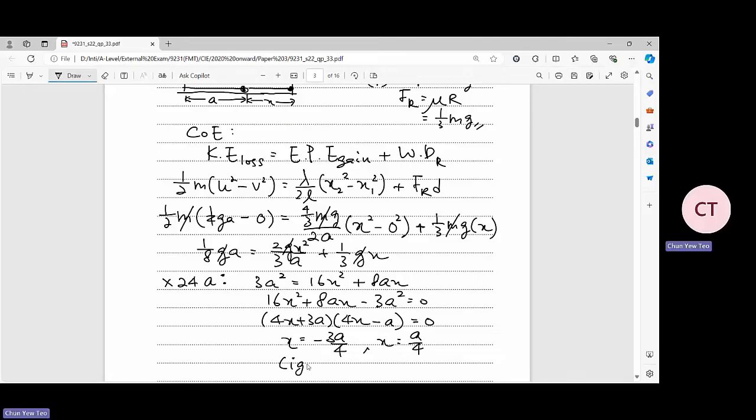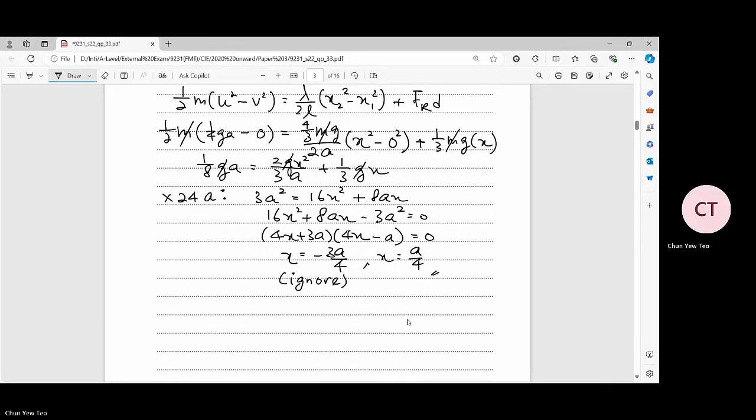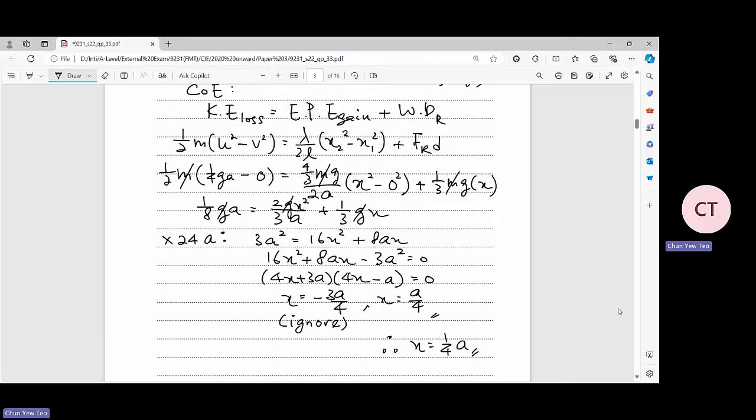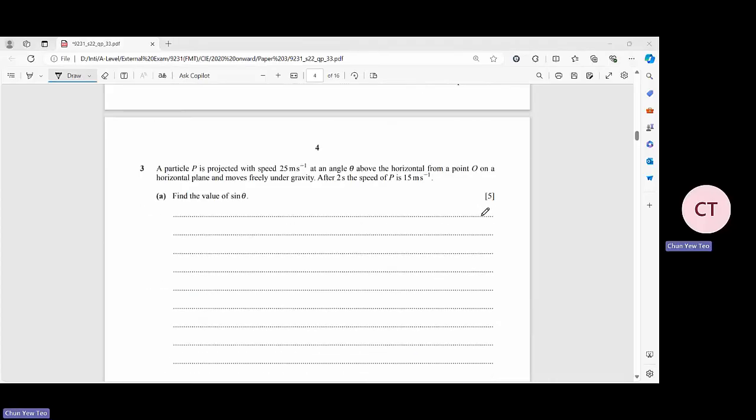The x cannot be negative, so we ignore the negative value. So therefore, your answer is x equals 1 over 4 a. That is your greatest extension. Okay, so this will be the answer for question number 2. Now we move on to question number 3.